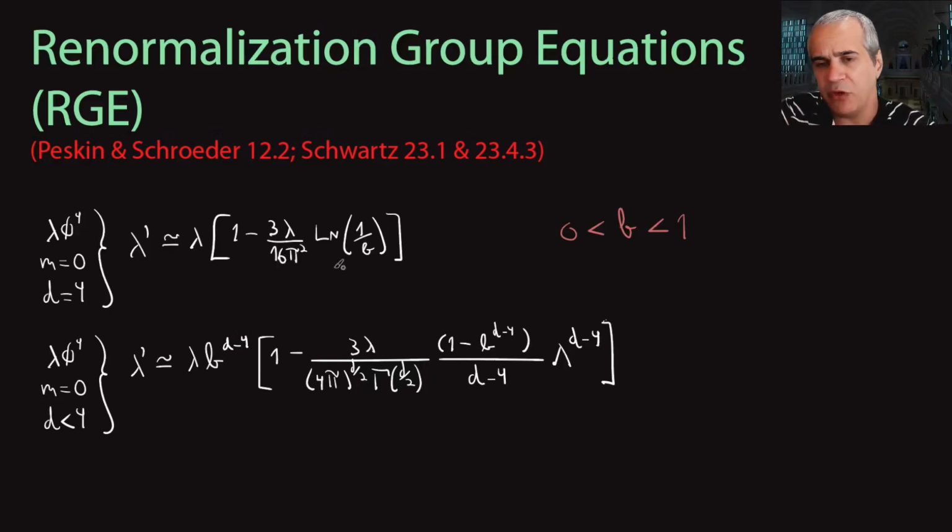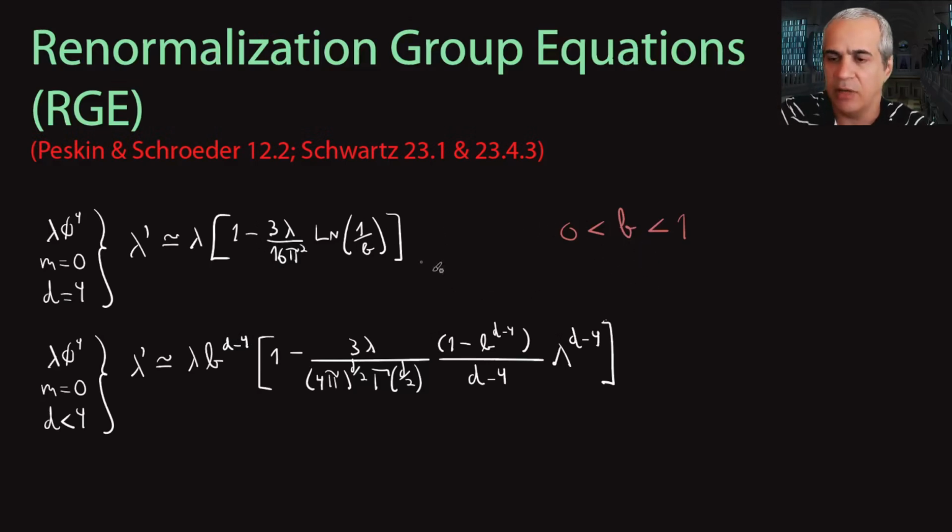But we have two things influencing how far lambda prime will be from lambda. On one side, you have the perturbative expansion, which says that this correction is small compared to the leading one. And on the other side, there's also the size of this step. We see that in both cases, unless b is really close to 1, it's really clear that if I try to take b to 0, this log will explode, which is a big step.